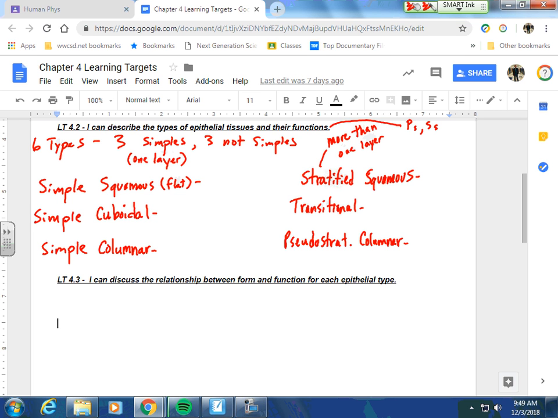There's two P's and two S's in terms of functions of epithelial tissues. Do you know what one of the P's would be? Protection. What about the other P? Well, secretion was one of the S's. Do we know the other P? Permeability, which means that things can pass through sometimes, depending on the tissue.